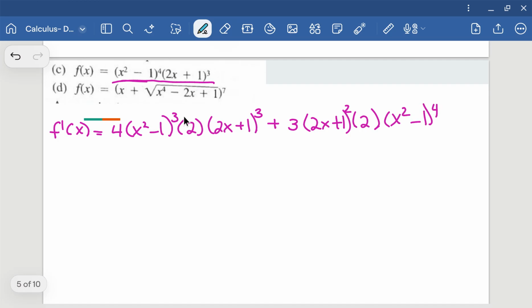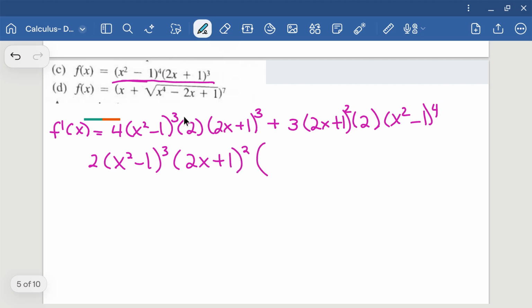So that's my setup, and then I need to simplify. From here, I can see that I could take out a 2. I can take out an x squared minus 1 to the power of 3. I can also take out a 2x plus 1 to the power of 2.